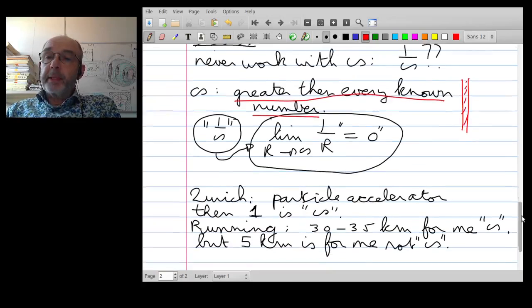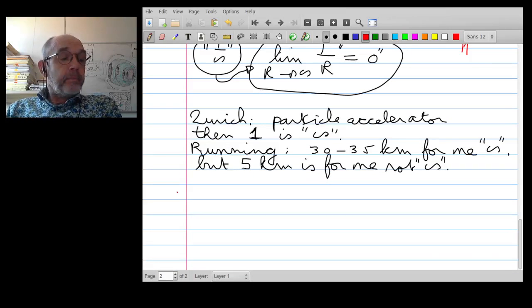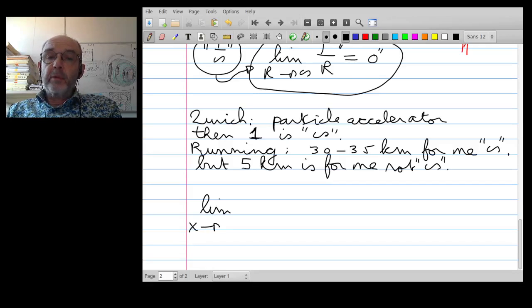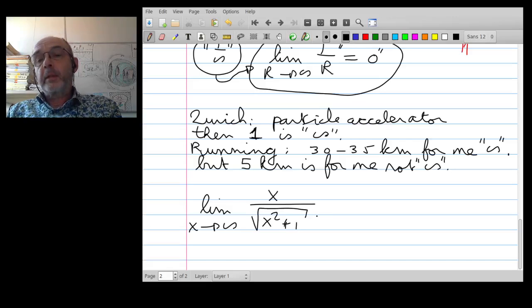But one thing remains: infinity is greater than every known number. Okay. If you have to calculate such a limit, for instance, the limit as x goes to infinity of x divided by the square root of x squared plus 1. What to do?